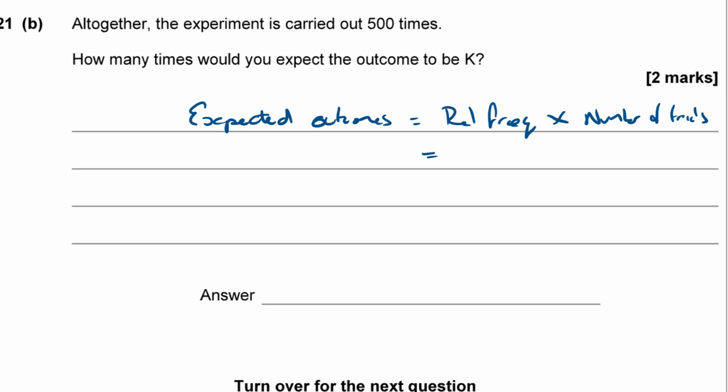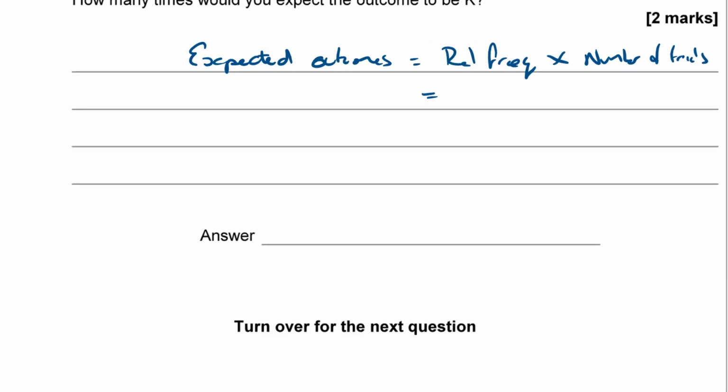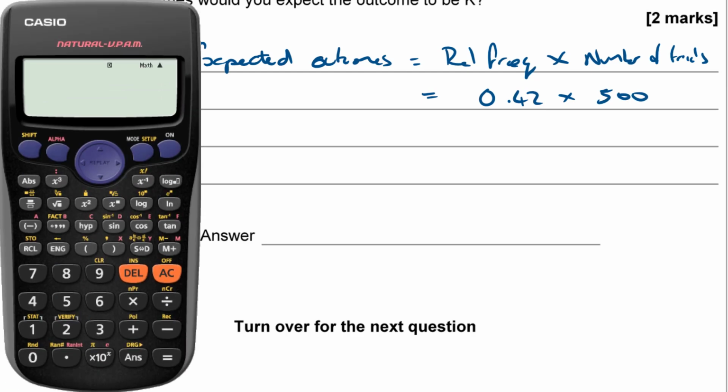In other words, K had a relative frequency of 0.42, so 0.42 times the 500 trials. Just type that into the calculator. 0.42 times 500. So we would expect to get 210 outcomes to be K in this experiment.